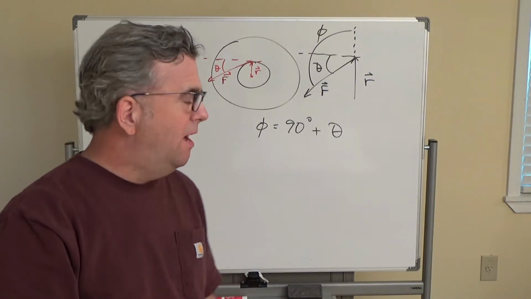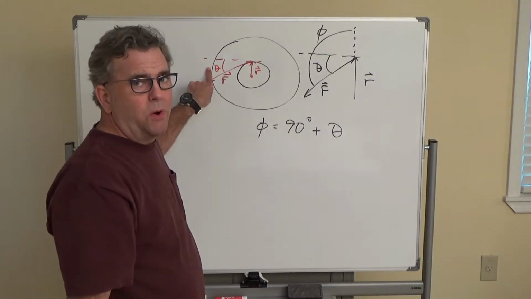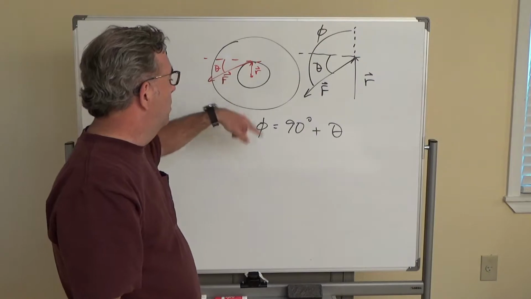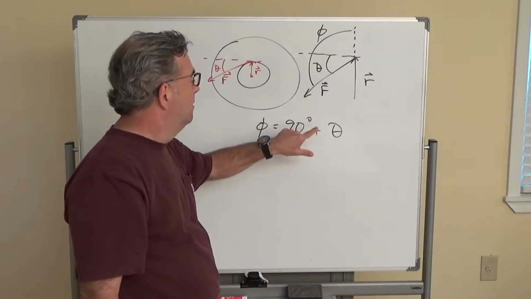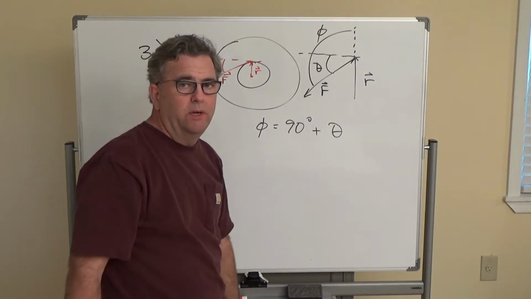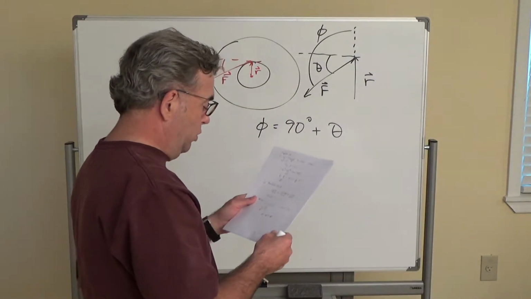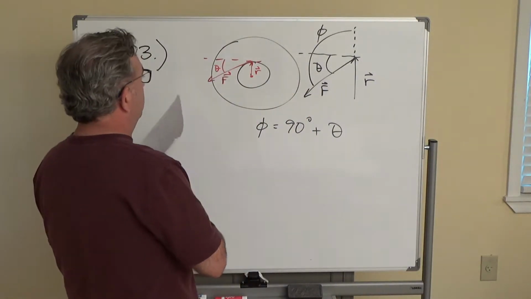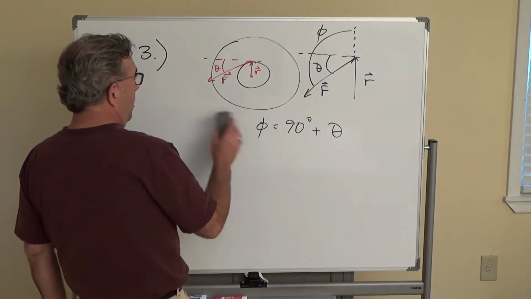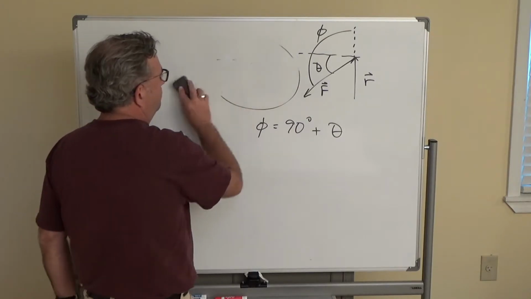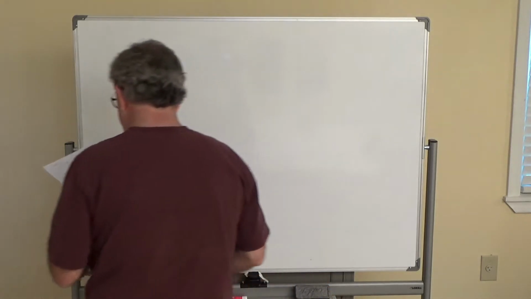In the problem that I have, this angle was 30 degrees. So you're going to get 90 plus around 30, which will be 120 degrees. That's a positive torque, and that's what you need. Okay? So beware of that. Number 4.